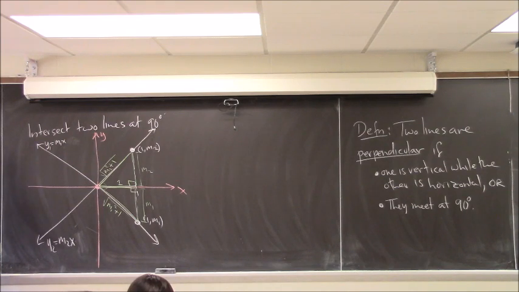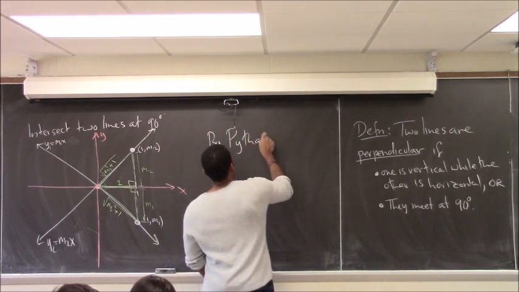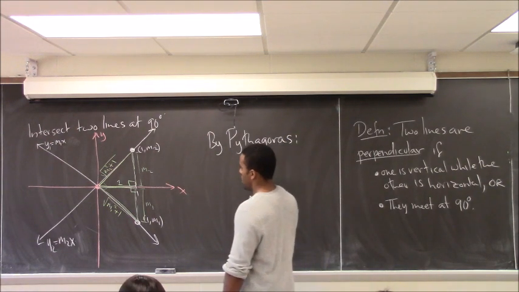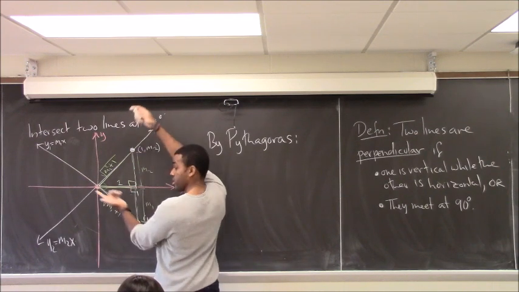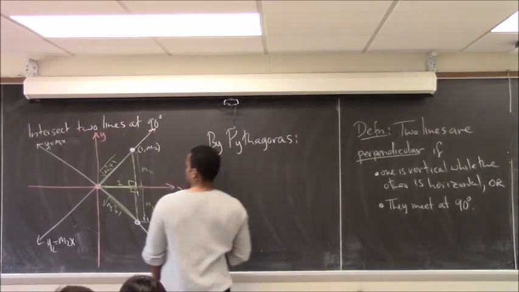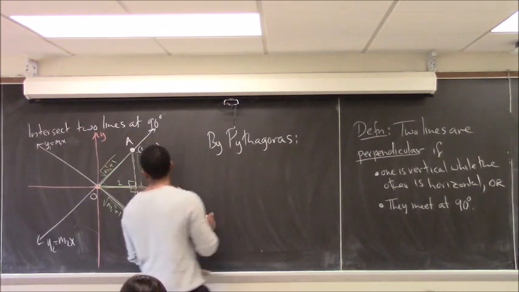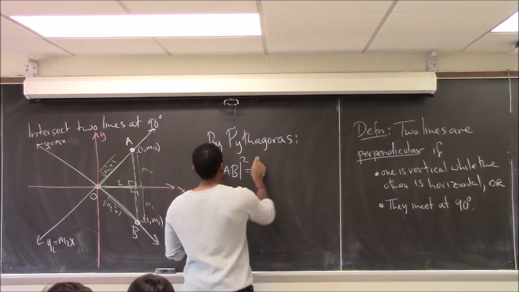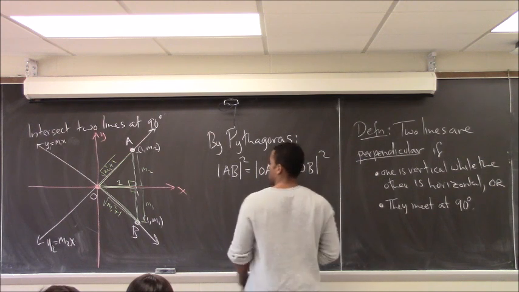And so, by Pythagoras, this squared plus that squared is equal to this squared. So if I call this O, call that A, call that B, Pythagoras says AB squared is going to be equal to OA squared plus OB squared.